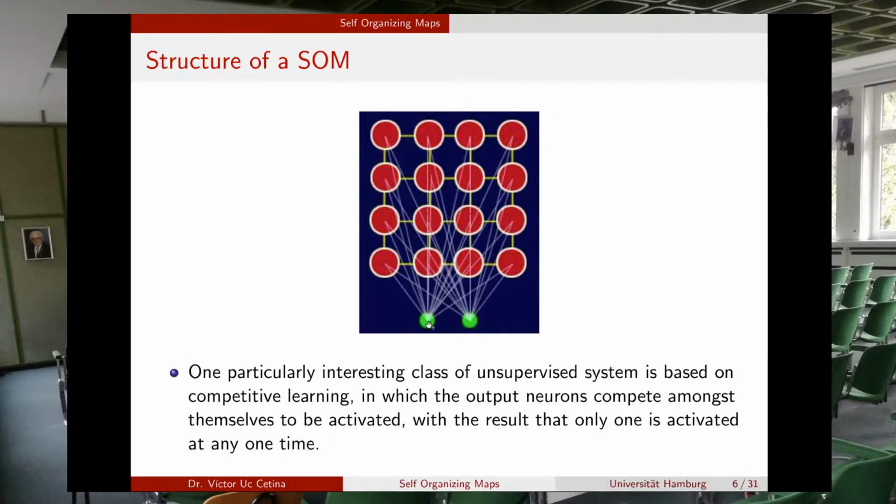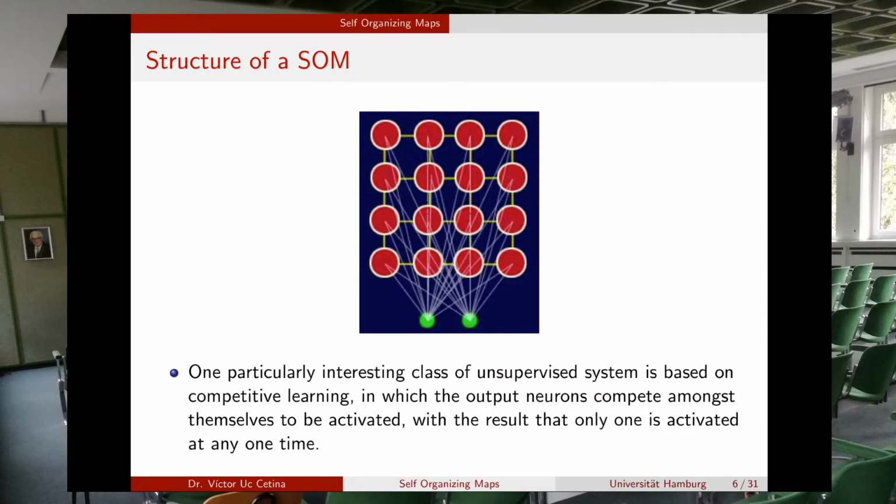Here an input vector is represented by these 2 green circles, and the neuron that is the most similar to the input vector is the one that is considered the winning neuron. And the learning is driven by which of these neurons is the winner neuron, as we will see in a moment.